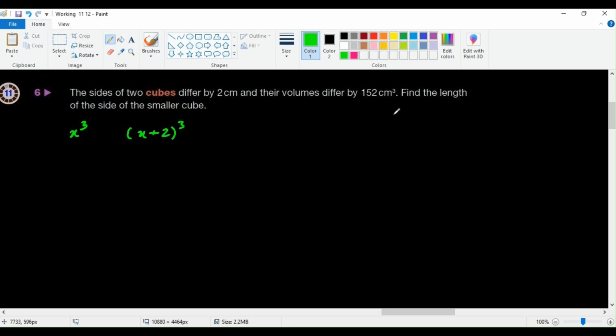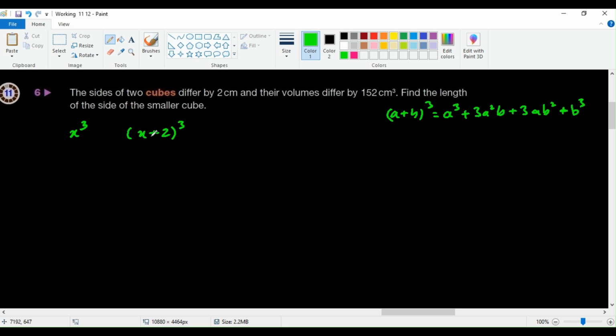Simplifying a cube formula is always like this. For example, if you have a and the second value is b and you are simplifying this one, this is going to give you a cube plus 3a square b plus 3a b square plus b cube. This is going to be the formula to simplify a plus b whole cube.